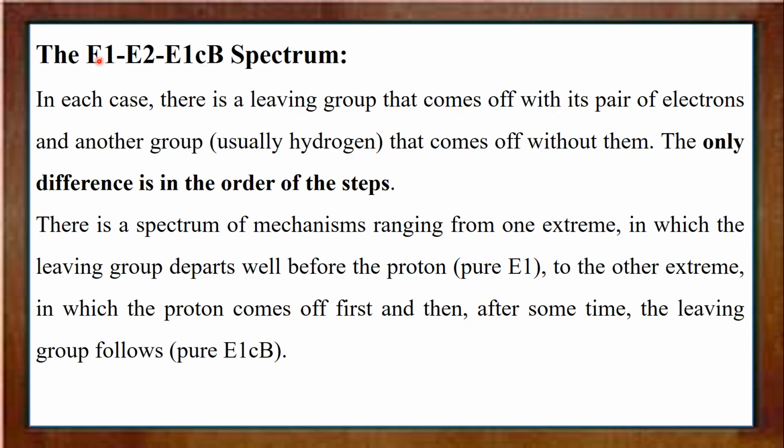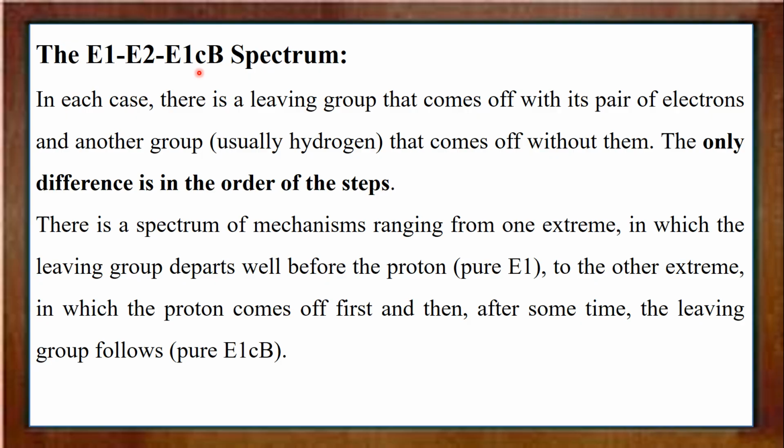So E1 is one end of the spectrum, E1CB is the opposite end, and E2 should be somewhere in the middle. In E1, the nucleophilic leaving group is eliminated first, generating a carbocation intermediate.